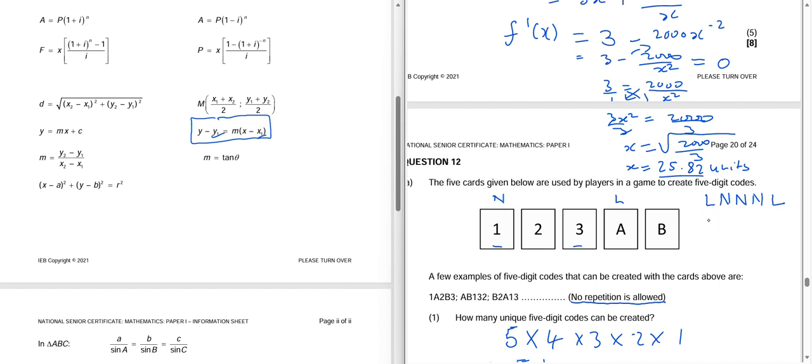If we started with a letter, obviously we're not allowed to follow with a letter. We're allowed to put a number, and then maybe another number, then a letter, and then a number.